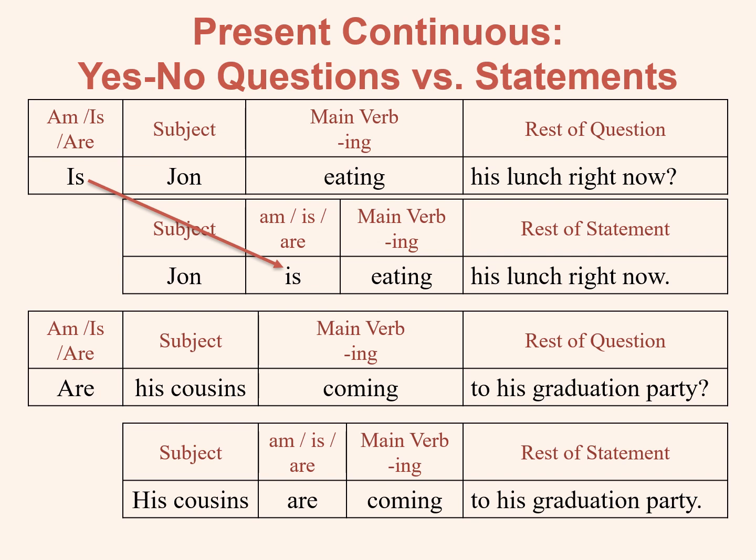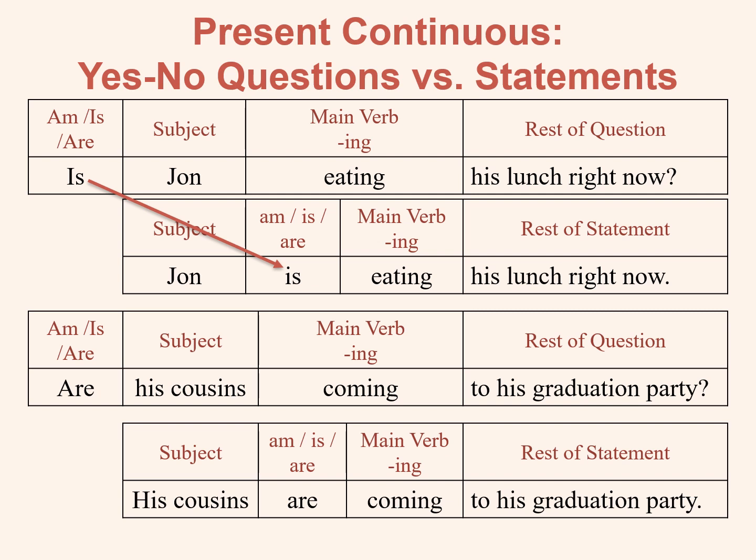The statement, we get the subject, and then we get am or is or are, and main verb with ing, and the rest of the statement.